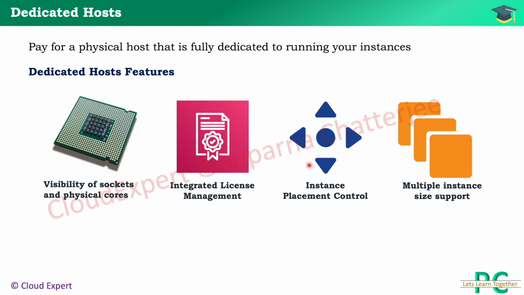You have the option to launch instances onto a specific Dedicated Host, or you can let Amazon EC2 place the instance automatically. Controlling instance placement will allow you to deploy applications to address licensing, corporate compliance, and regulatory requirements. Then you can run different instance sizes within the same instance family on a Dedicated Host.